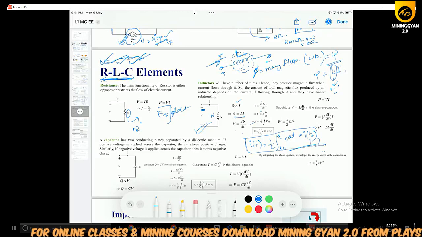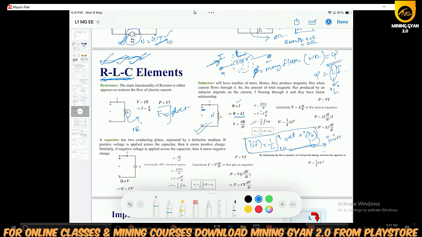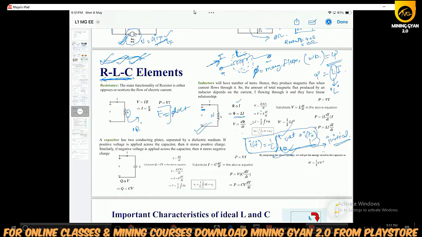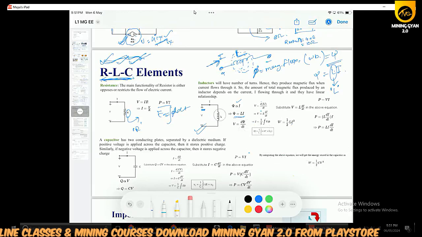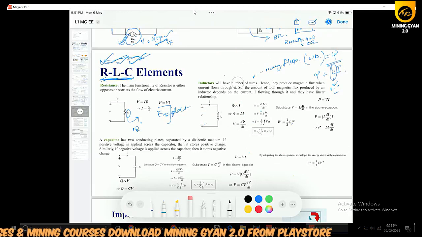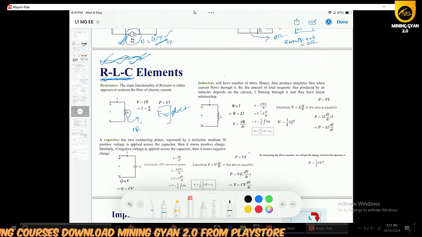This is the initial current I at t0, and after that we calculate the other current for the time period from t0 to t. That will be the second component. So whenever you write the equation, please remember this: you have to include the initial value of the current that was flowing through the inductor.